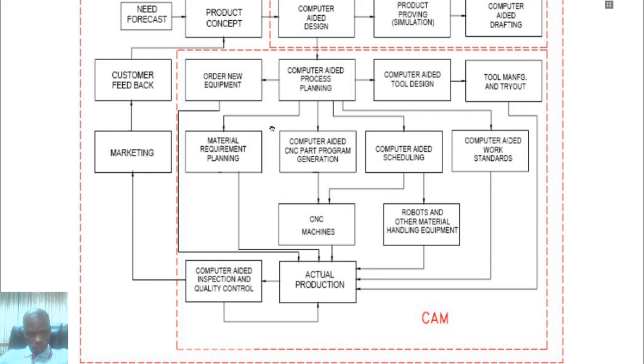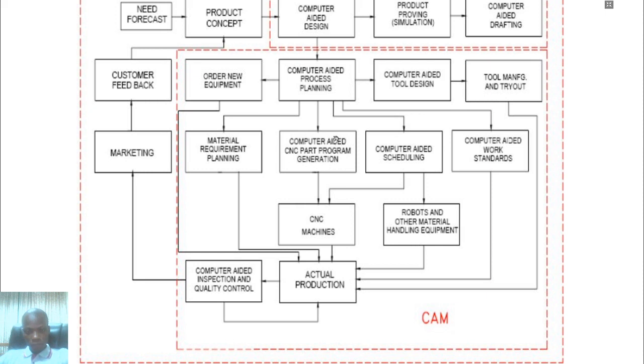So from this computer aided process planning, we move to the material requirement planning. For the material that is going to be used, you still use the computer to help in that area. Then we also have computer aided CNC part programming generation.